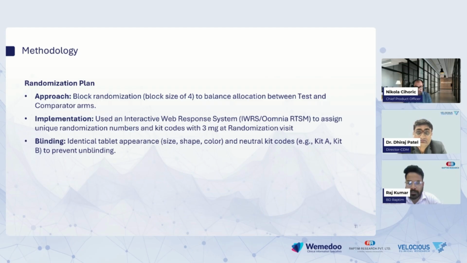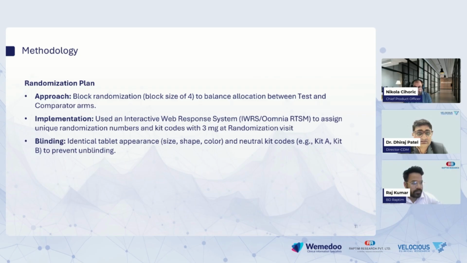Now, what methodology did we apply for the randomization? As per the design, it was a block randomization. We applied pod by pod block randomization between the test and reference to manage the appropriate blinding.